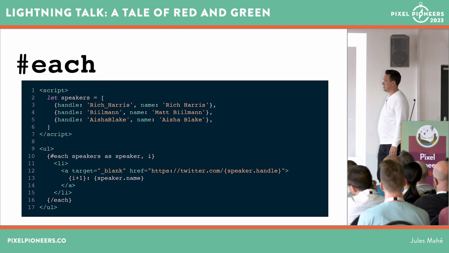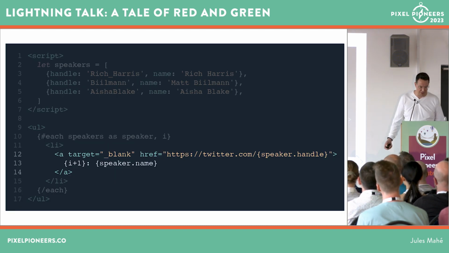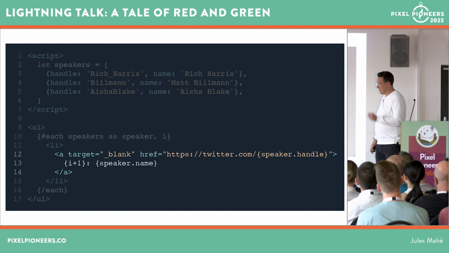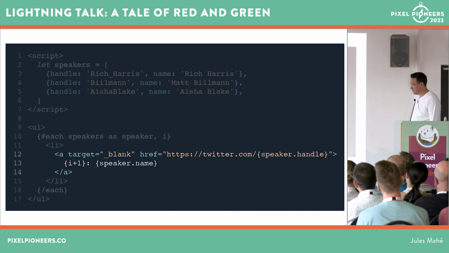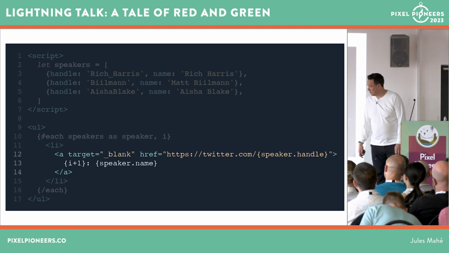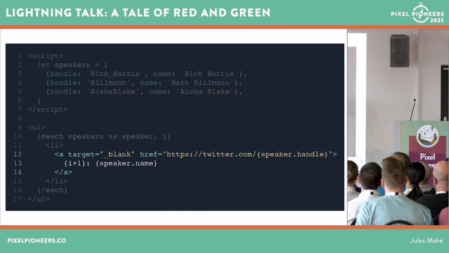Each, I mean, the most used logic, I use it all the time. So you get your array or array-like object, and then for each speaker in our speakers list here, we're just going to render out a list item for that, and then put in the speaker name as well. So you notice that there's this comma i.